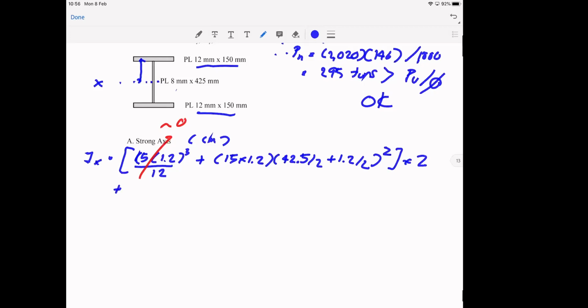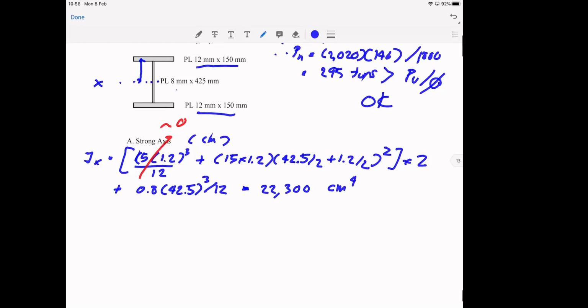And then we have the web, which is equal to b d cubed over 12. So let's say generally this is about 22300 centimeter to the power of 4.